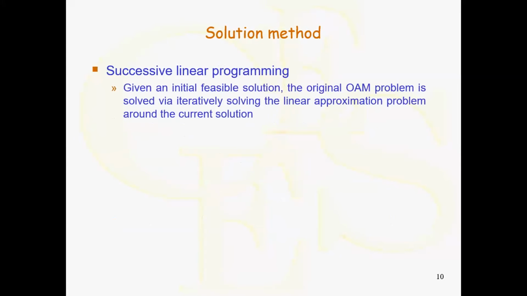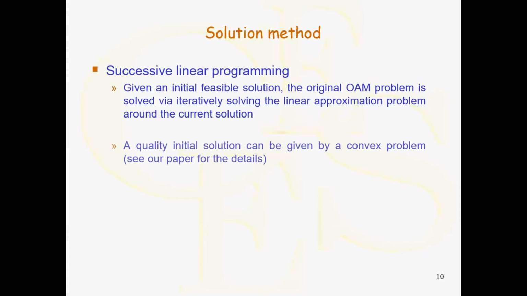Okay, so the solution method for the proposed OAM problem is based on successive linear programming. Given an initial feasible solution, the OAM problem will be solved by iteratively solving the linear approximation problem around the current solution. And we have also designed a convex problem that can provide a quality initial solution for the iteration used in the successive linear programming.